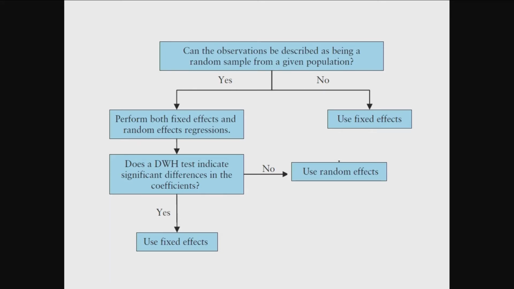This means that one of the techniques is biased and the other is not biased. So I have to use the fixed effect. If there is no systematic difference between the coefficients, then I have to use the more efficient estimation, which is random effect. And that's the way we proceed when we have a panel data set.